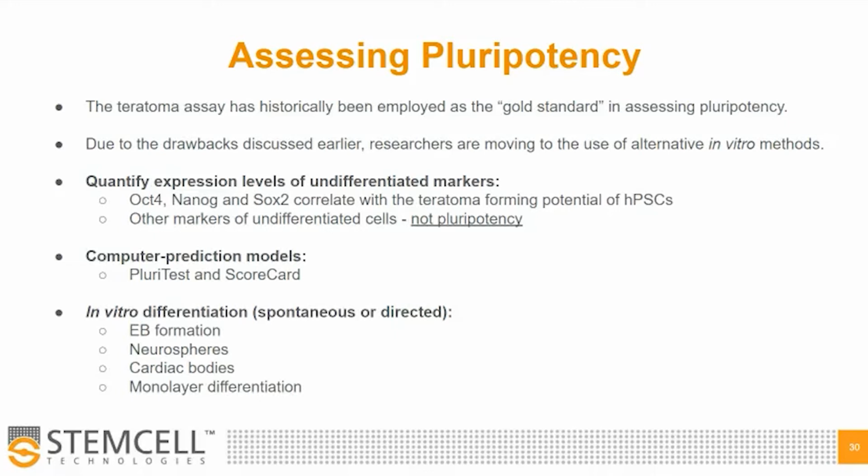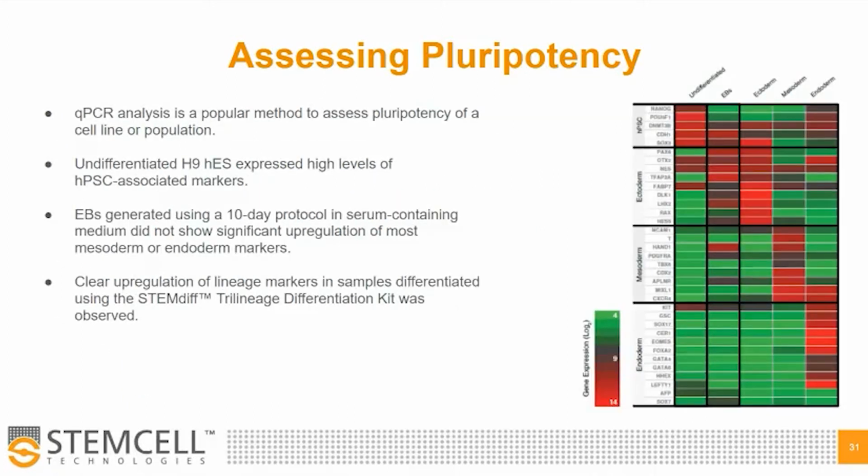However, more researchers are carrying out both spontaneous and directed differentiation protocols in vitro to determine pluripotency potential. Arrays for genes of undifferentiated versus differentiated cell types are also becoming popular in assessing pluripotency.